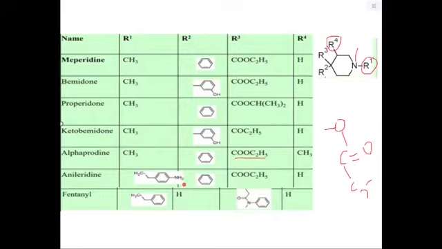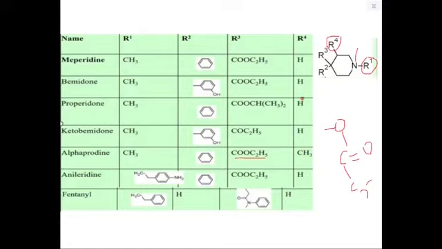Then from there, we get another group of compounds. And these other group of compounds are the ones we are calling the anilidopiperidines. And the first one is fentanyl. And I believe you have heard of fentanyl. Fentanyl is a compound that is used as a general anesthetic, and you can see its R1 again changes.